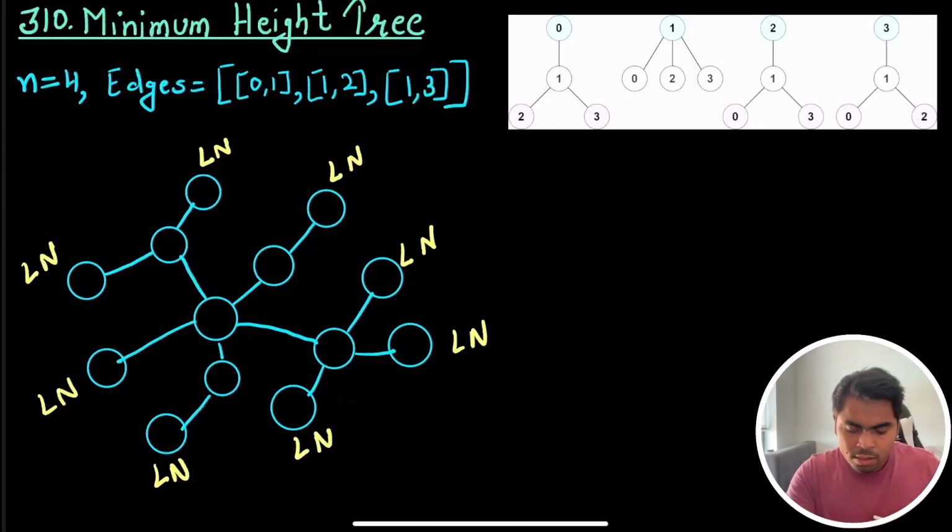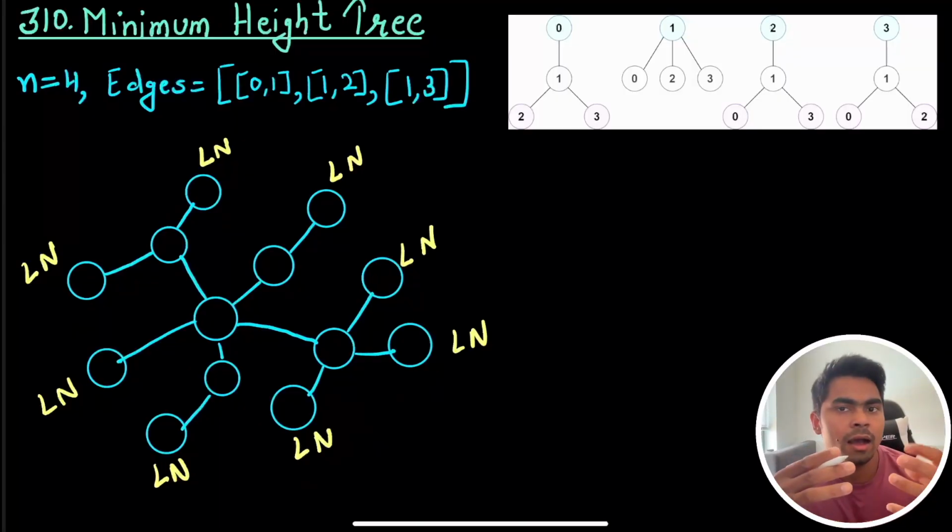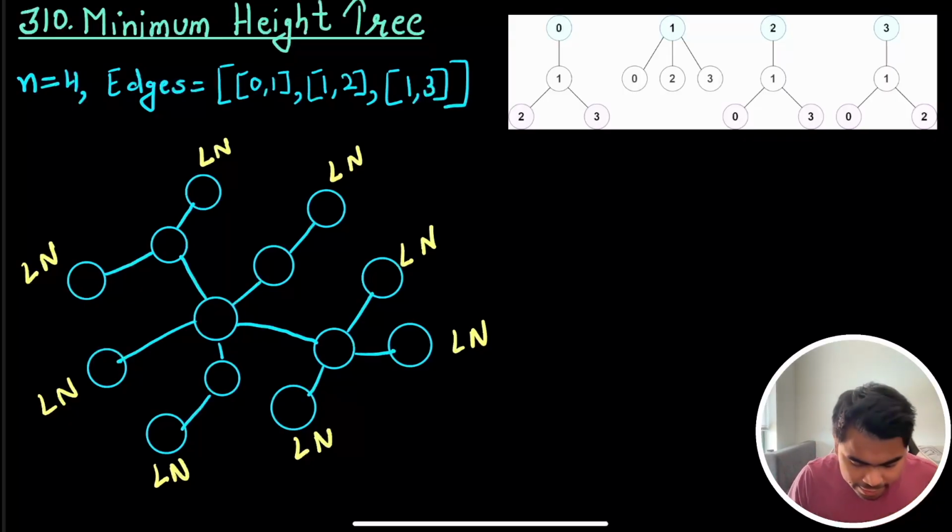Well, let's think about finding the minimum height, choosing these leaf nodes as my root. Do you think that will give me my answer? Let's try. Let's say if I choose this node as my root, so I'll mark it, let's say root.